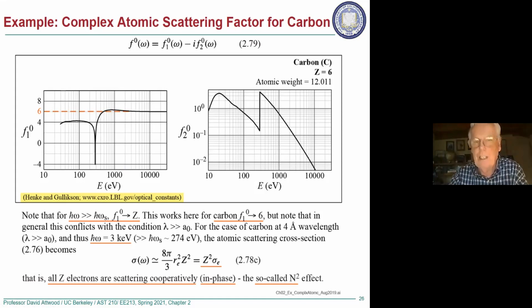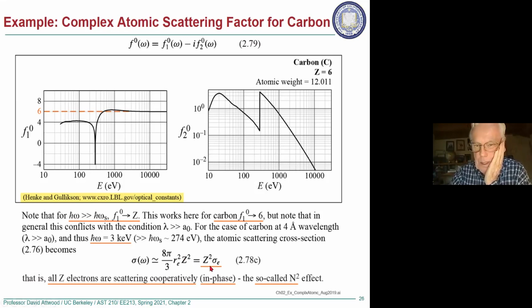And as a result, F1 goes to Z approximately, but the cross section depended on F1 modulus squared. So it winds up that, if the circumstances are right, you can get a cross section that goes up as the charge on the nucleus squared, the number of electrons squared.